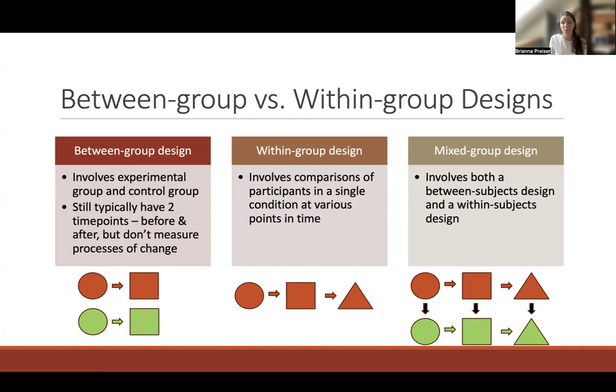And then the question here that they're trying to answer is whether changes in depression from pre to post test depend on whether the person was assigned to condition A versus condition B.